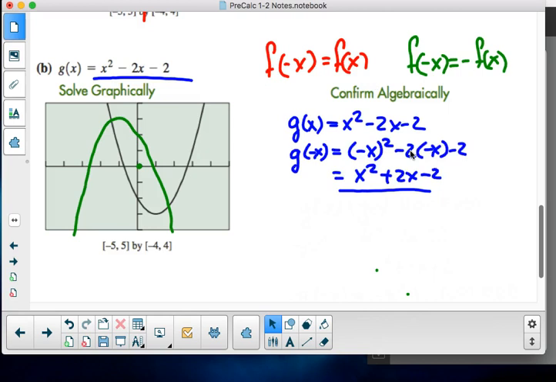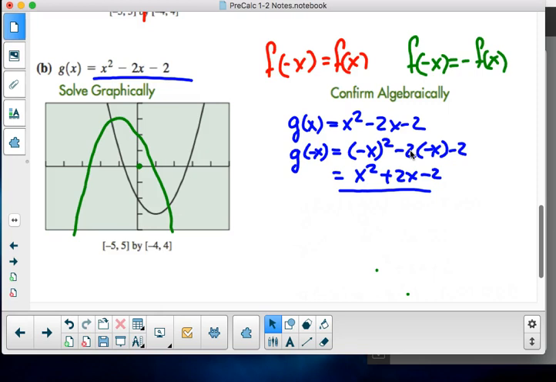Okay, did my signs change on all the terms, or did the signs stay the same on all the terms? Those are the two things I'm wondering about. Even functions, the signs stay the same. Odd functions, all the signs change. Do I have either one of those with this?